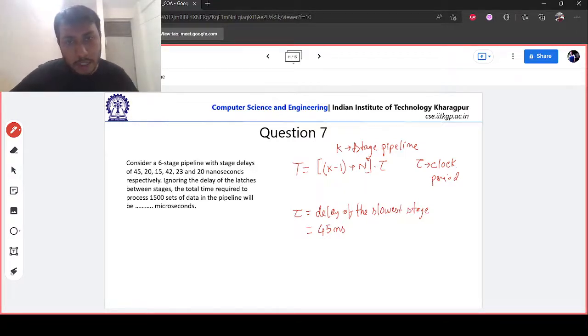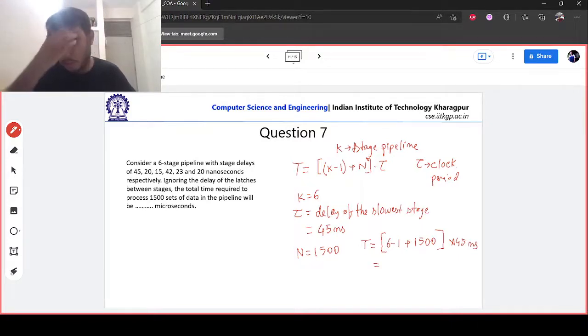And what is the value of K? K is 6, a 6-stage pipeline. And what is the value of N? You are processing 1500 data sets. If we substitute these values here, you will get the answer. T equals 6 minus 1 plus 1500, times 45 ns.